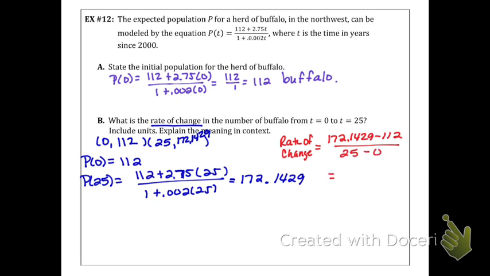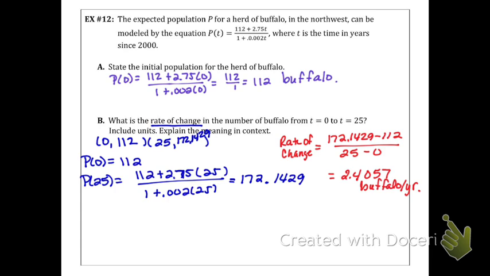And so when we do that, I got 2.4057. The y's are the number of buffalo per, and the x's was my year. Okay, it's the time, so time in years. So what does that mean?